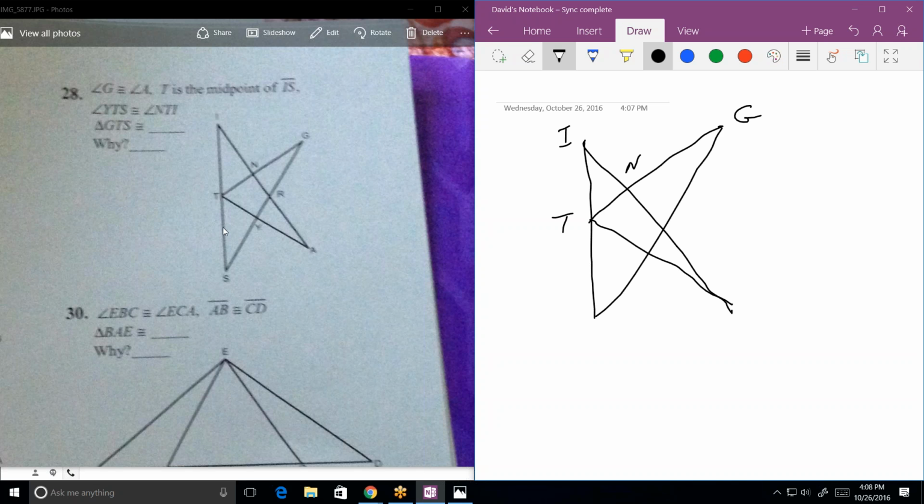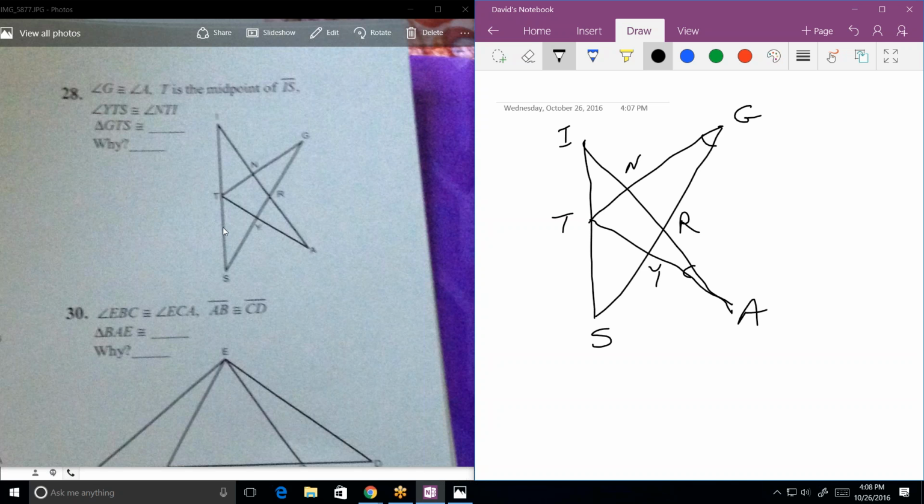G, N, R, Y, A, S. If angle G is equal to angle A, we have T as the midpoint of IS, which means what? How can I label those?